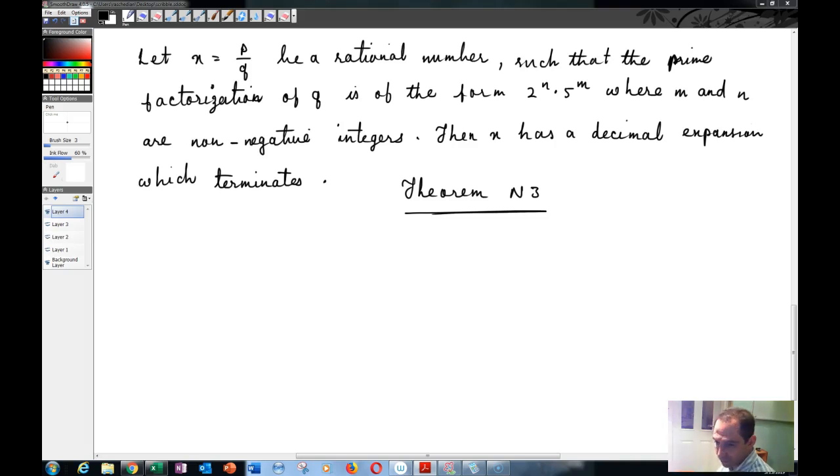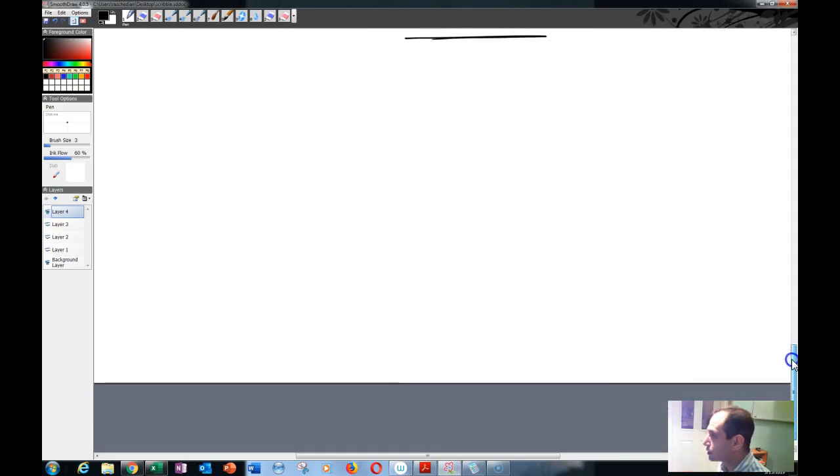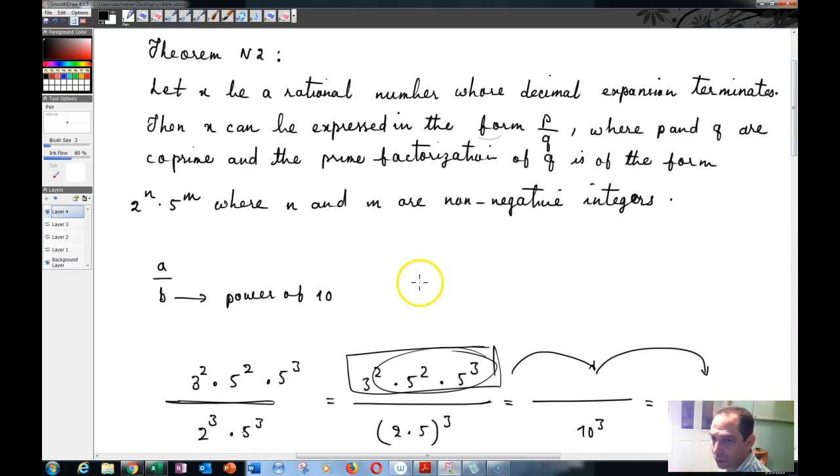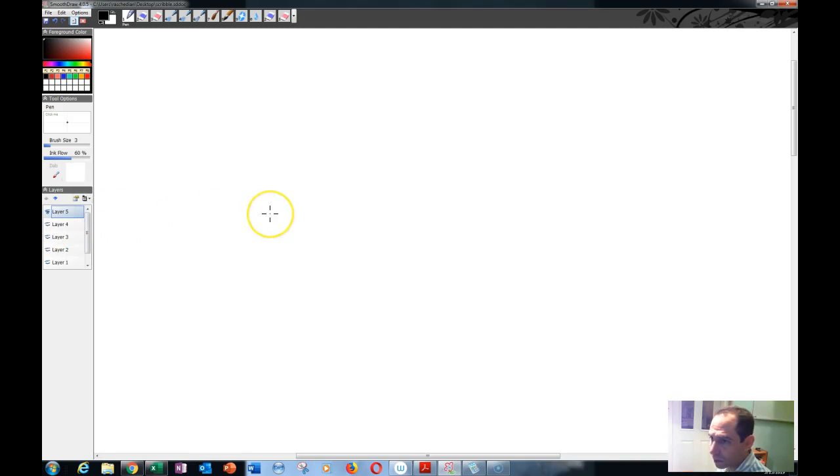Now we also have some rational numbers whose decimal expansions are non-terminating recurring, and we saw that in the example that I showed you. We saw that in the case of, for example, 1/7. So 1/7 is, of course, a rational number.